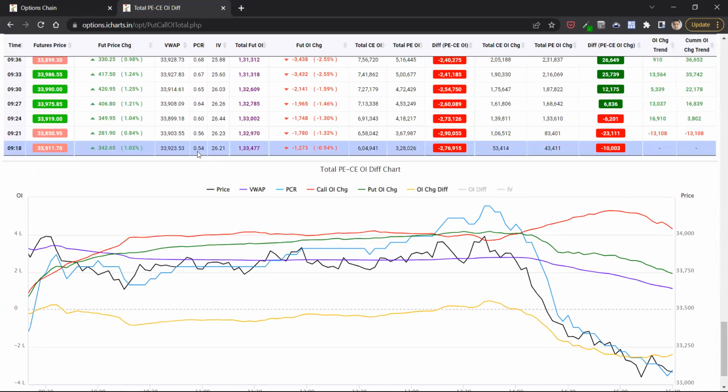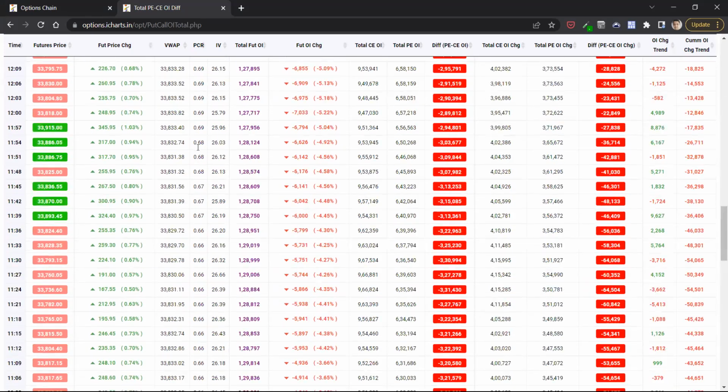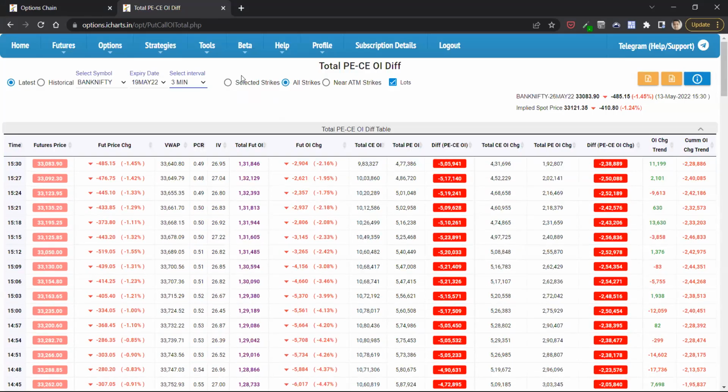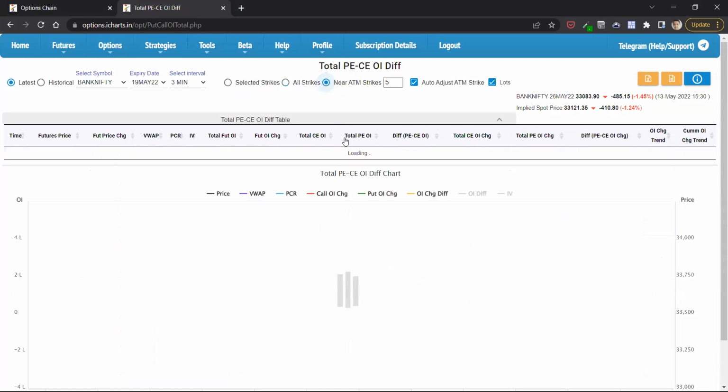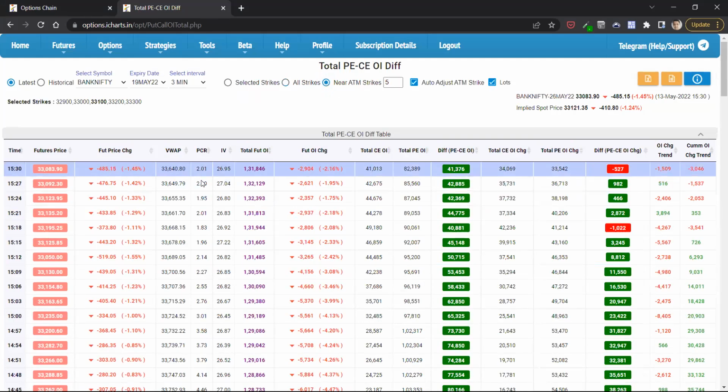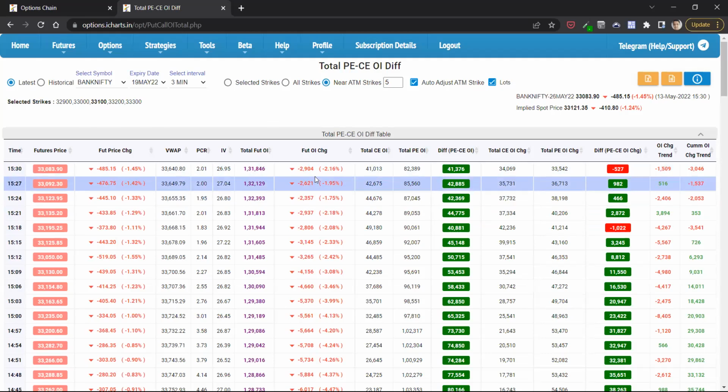This PCR is important. It is for the selected strikes. In this case it is all strikes, so this will be the all strikes PCR. If I select near ATM strikes, you will see the PCR is completely different, because the PCR we are showing is for the selected strikes. So if you want selected strike PCR, you can use this particular tool.